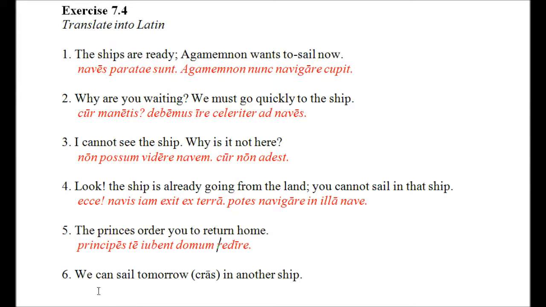Okay, last one. We can sail. If you look at the Yoda version, you'll see we are able. Possum, I am able. Potest, possumus. To sail. We've had this a bunch of times already. Navigare.